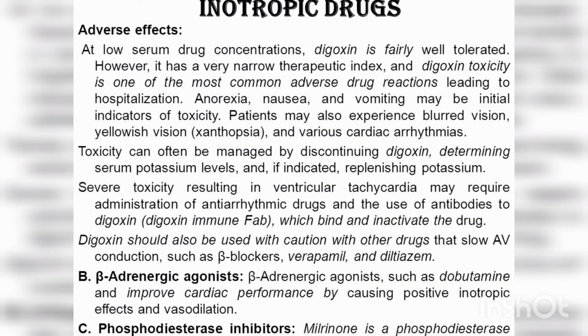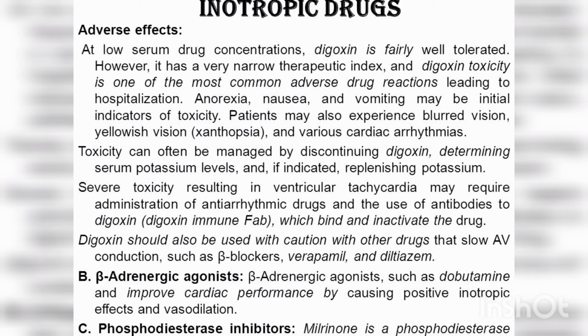Now adverse effects. At low serum drug concentration, digoxin is fairly well tolerated. It has a very narrow therapeutic index, and digoxin toxicity is one of the most common adverse drug reactions leading to hospitalization. Side effects are anorexia, nausea and vomiting. These are the indicators of toxicity.